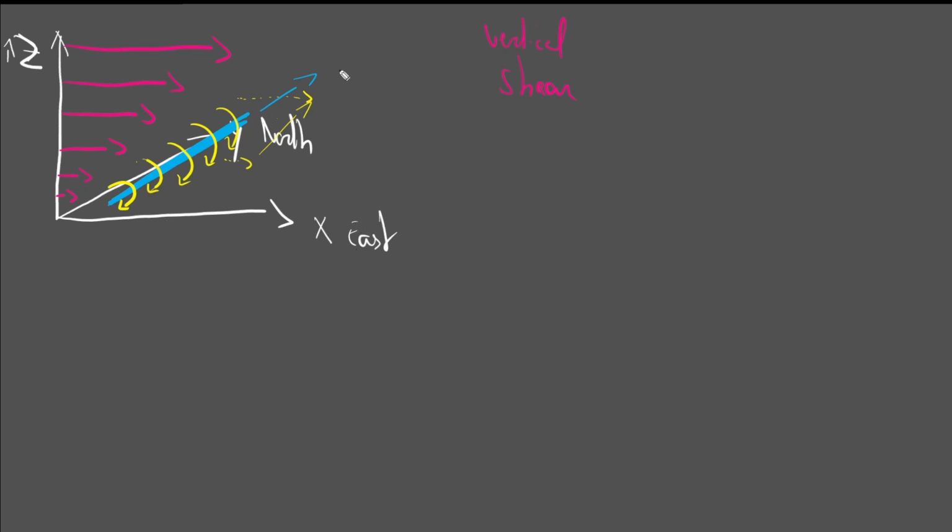If your vorticity vector, omega, points in a horizontal sense, like this, this is what meteorologists call horizontal vorticity.